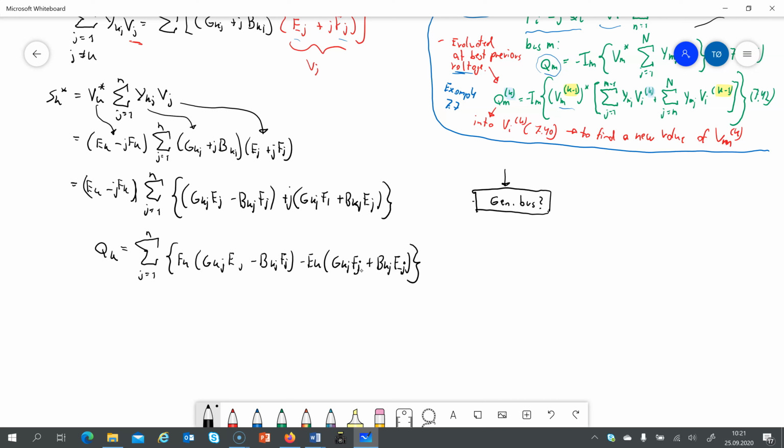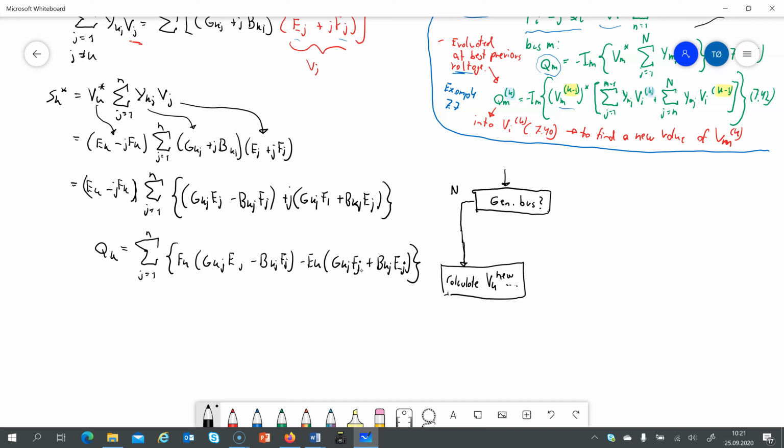If taking no here, then we continue on this path of Gauss-Seidel and calculate V_K new, based on the previous.